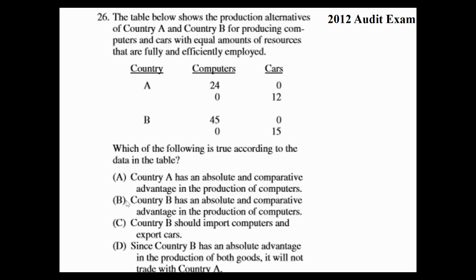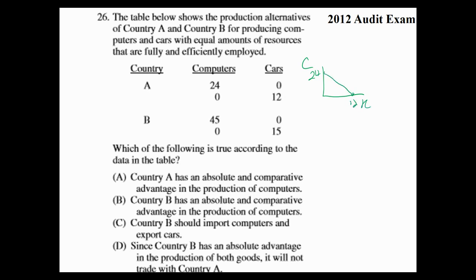Okay. So here, once again, they're giving you the coordinates here, 24, 0, 0, 2. This is what they're doing for country A and country B. Essentially for country A, it's looking like this. If this is computers, I'll use C, which is 24, and I'll use K for cars, which is 12 here.